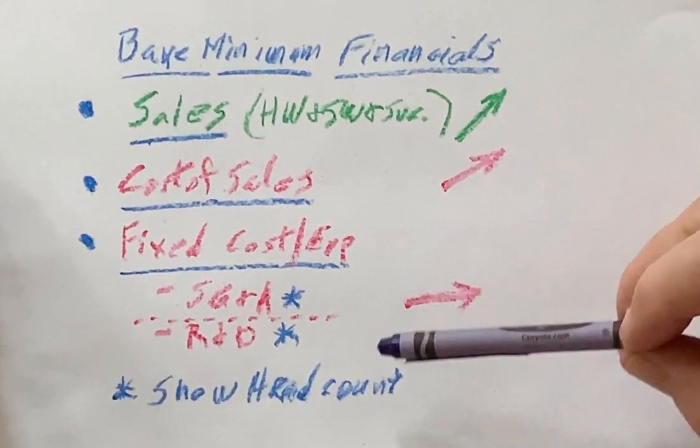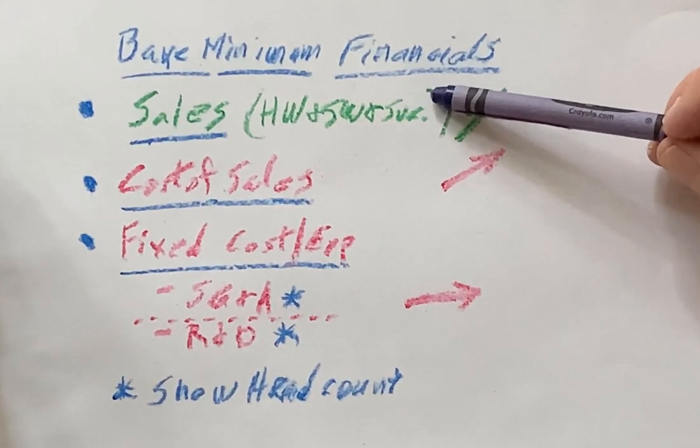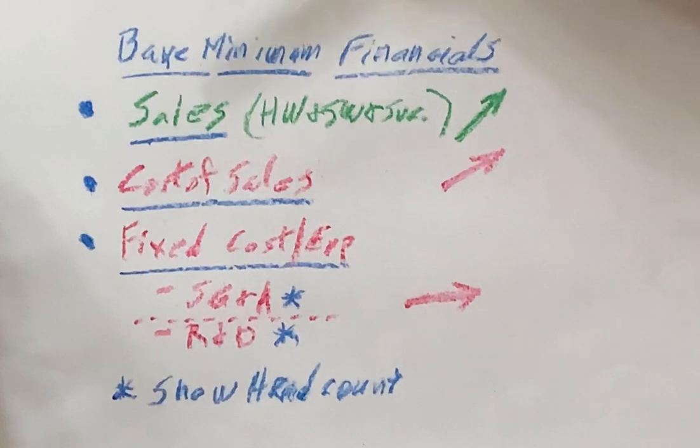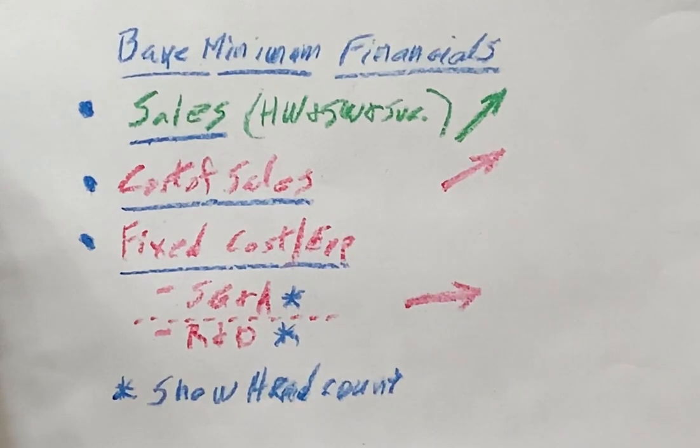Okay, but break that out if you can. Break your sales into the three categories, but you can show it on your financials as one, and you can break your fixed costs into SG&A and R&D and show it that way.